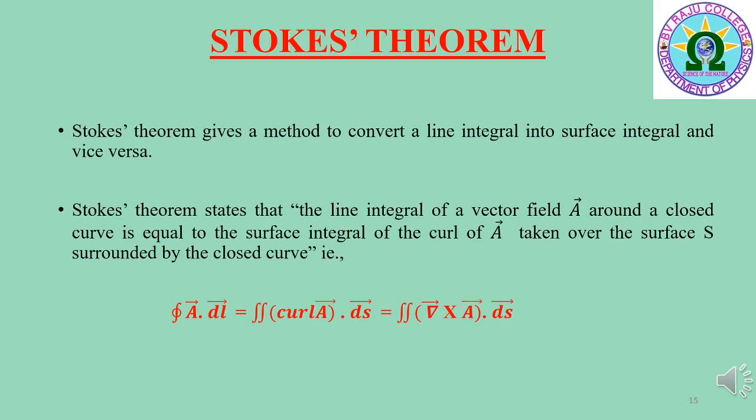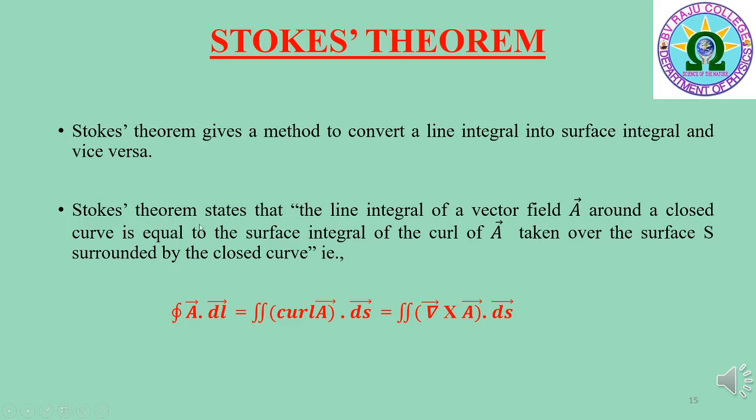We can convert line integral into surface integral and vice versa, or surface integral into volume integral and vice versa, by using two theorems, Stokes theorem and Gauss divergence theorem respectively. Now, I would like to explain Stokes theorem. Stokes theorem gives a method to convert a line integral into surface integral and vice versa.